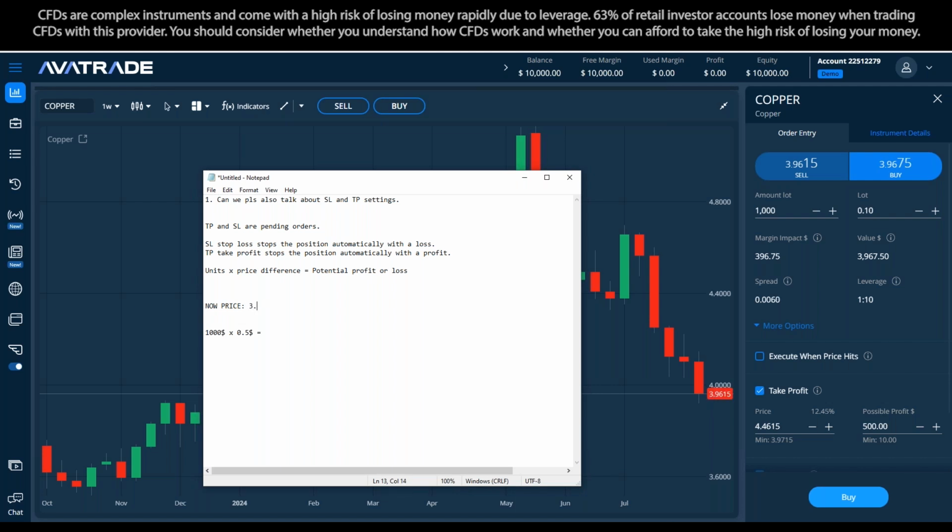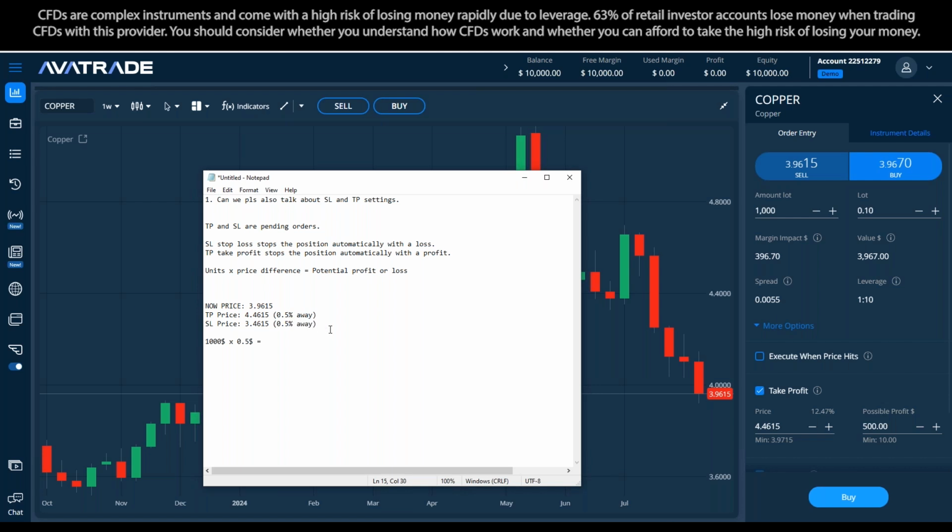Now the price is 3.9615. Take profit price 4.4615, half a dollar away. We have stop loss price 3.4615, which is half a dollar away.